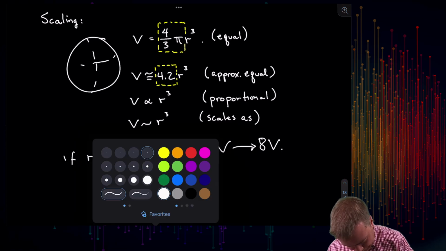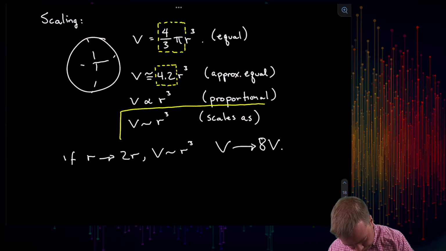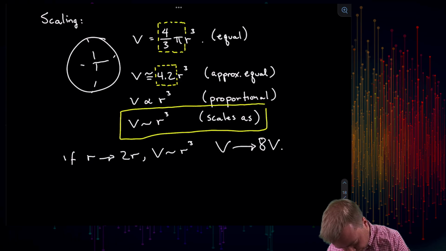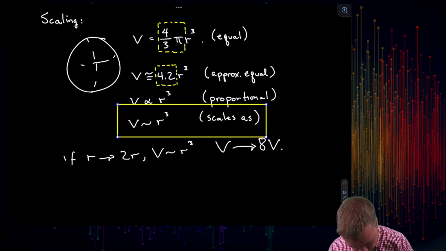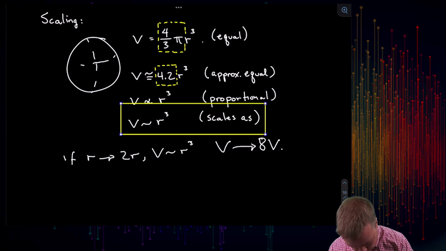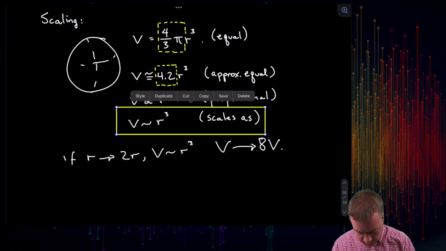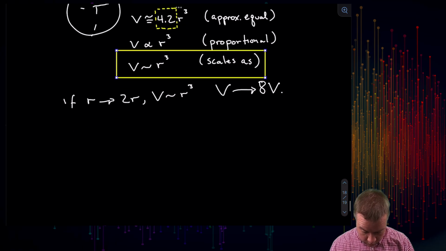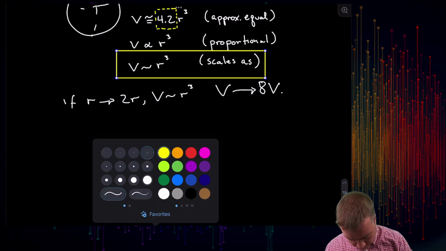Now, where this scaling is especially useful for us, and this is a common source of confusion for people, is that, okay, we see that the volume scales as r cubed for the sphere. This gets really confusing for people because we could write it a couple of different ways too.